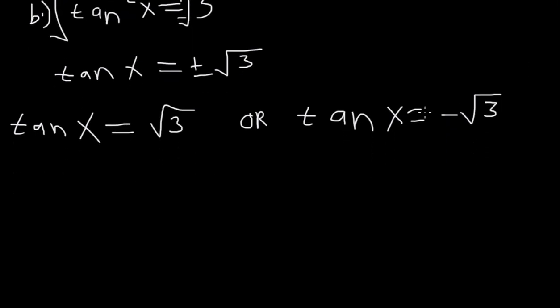So now this implies that we're going to find tan x with the positive of root 3 and tan x with the negative of root 3. The first part here, I'm going to take first, and then I'll go to the other part.